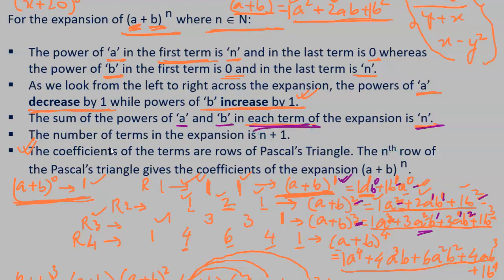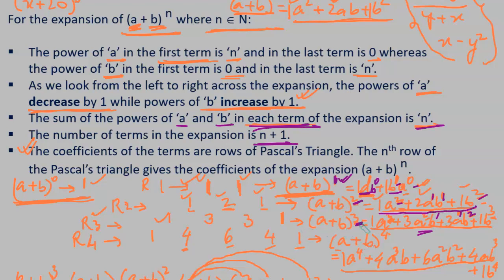Okay. And the number of terms in the expansion is n plus 1. When a plus b is raised to the power of 1, that is n is equal to 1, we have a plus b, 2 terms. When the power of a plus b is 2, that is n equal to 2, we have a square plus 2ab plus b square, 3 terms.